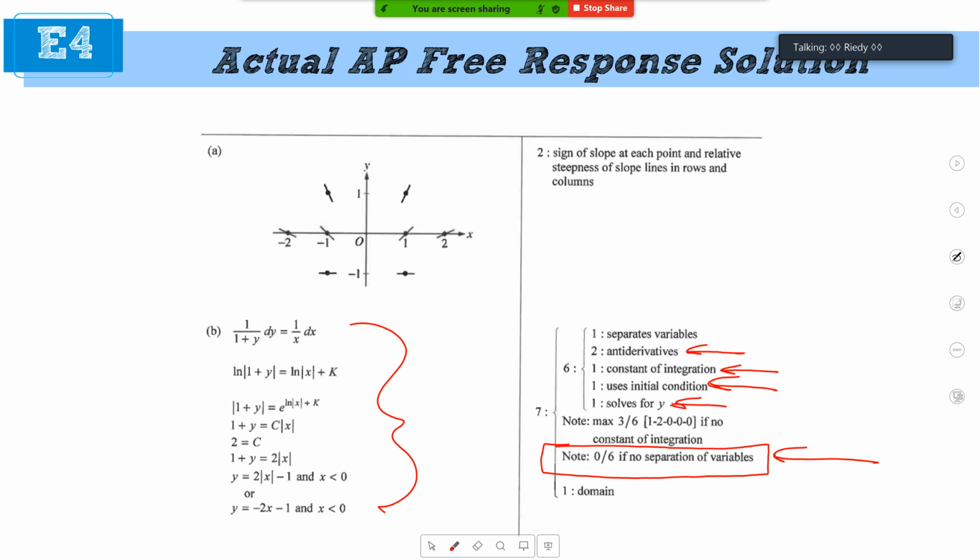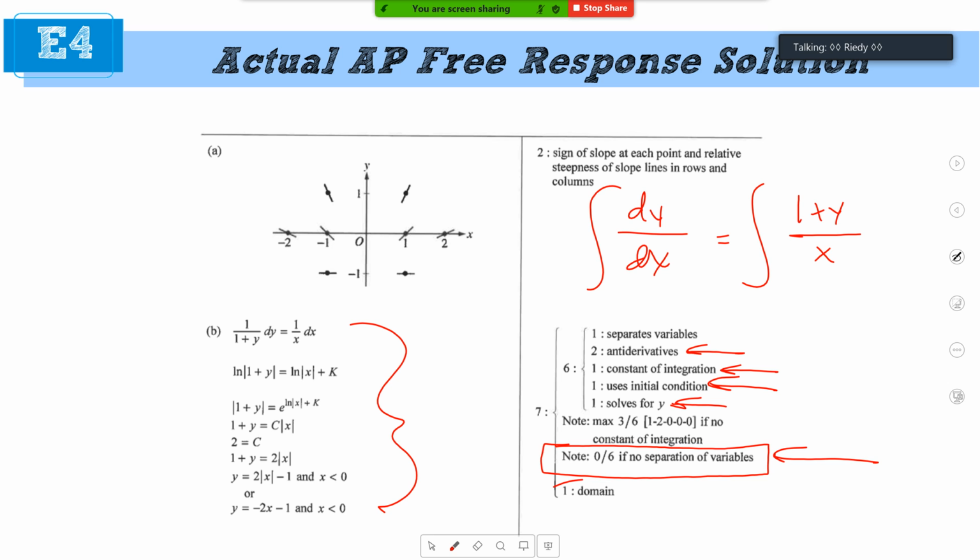You might have the work done 100%, but if you just do this, 1 plus y over x, and all your work from that point on is correct, it doesn't matter. You're not going to get a single one of those points. So, putting in bright red flashing signs, showing you this example, putting a box around this, again, I can't emphasize how important it is to separate those differentials in these types of problems.